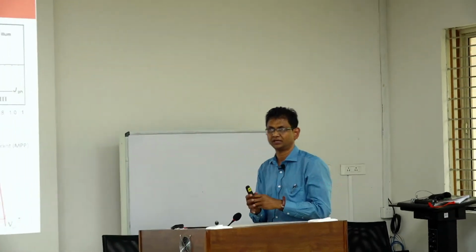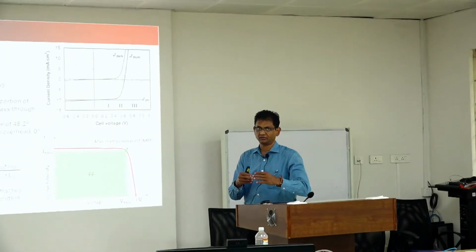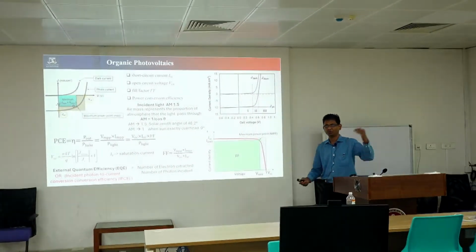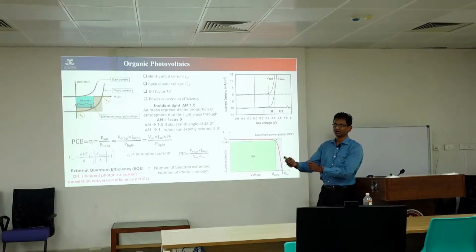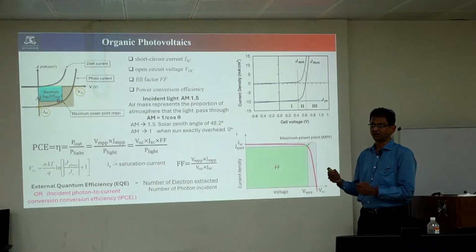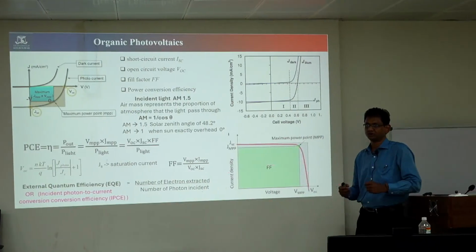It's one condition. We are not just putting the cell under light and measuring the current. No, we need to set up the input light power, and then see what current and what voltage we are getting. That way we can exactly calculate the efficiency.